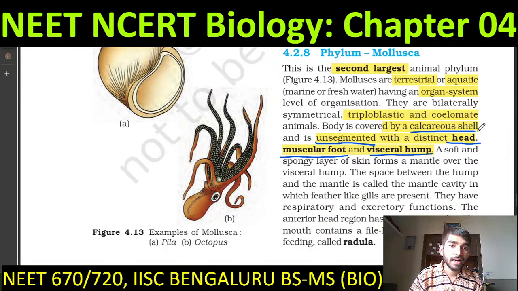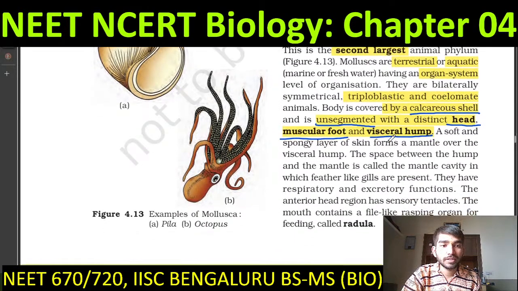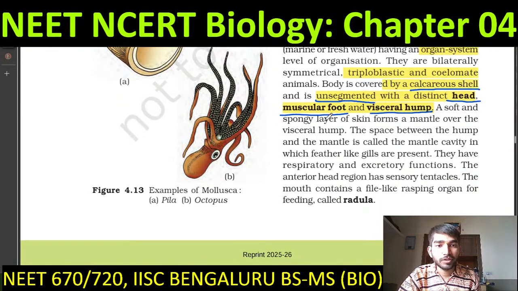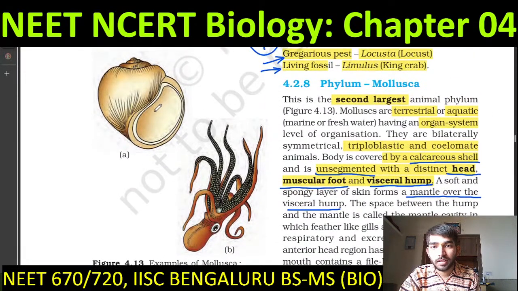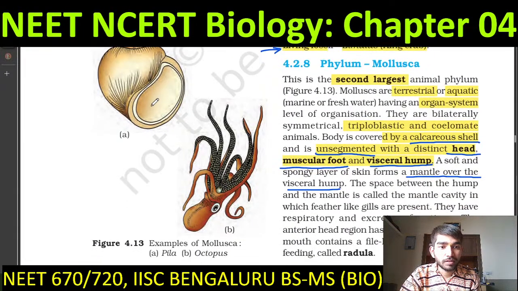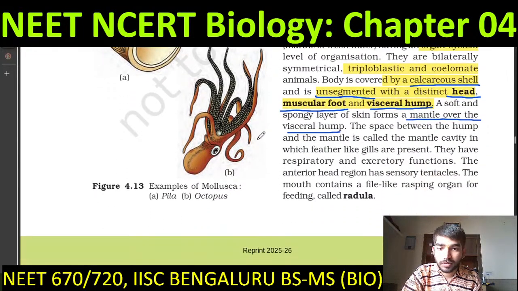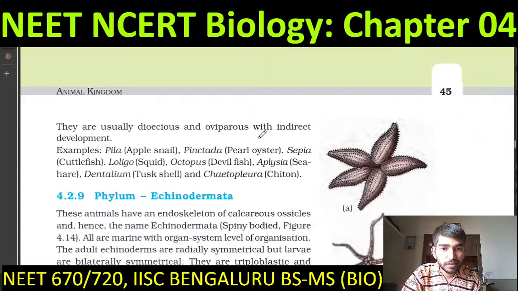And it has a calcareous shell made of calcium salts like calcium carbonate. A soft and spongy layer of skin forms a mantle over the visceral hump. So maybe there is a structure given here.